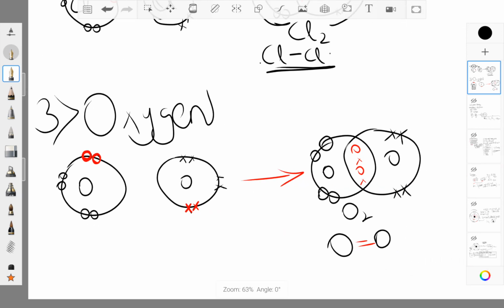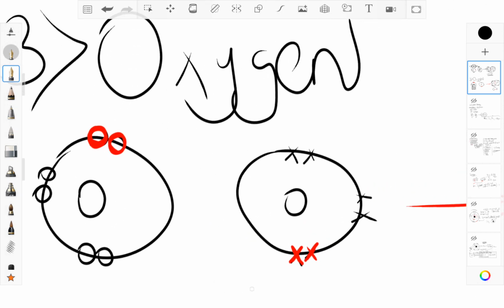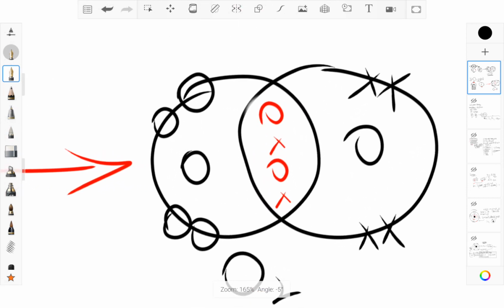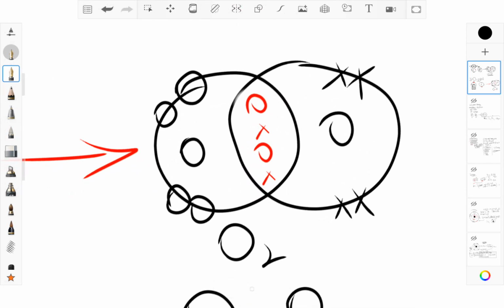So because an oxygen atom needs 2 extra electrons, it will give or share 2 of its electrons, which is why you can see that I've made these 2 electrons red and these 2 electrons red. And thus, in this covalent structure, you can see that there are 2 pairs of shared electrons in an oxygen molecule, or there are 4 shared electrons, whatever suits your fancy.